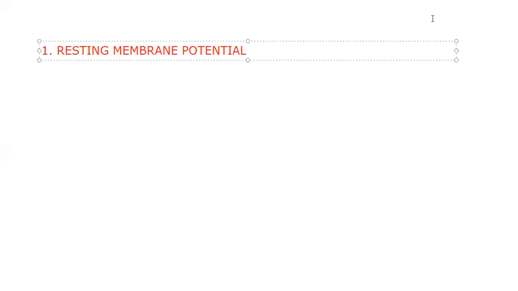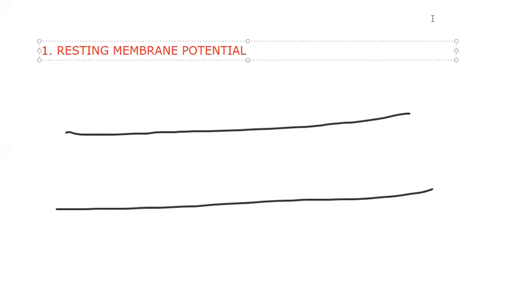Potential. Now we give the conclusion today, the resting membrane potential. As we said, we learned the basics of this particular area yesterday, and now we are giving the complete information about this.